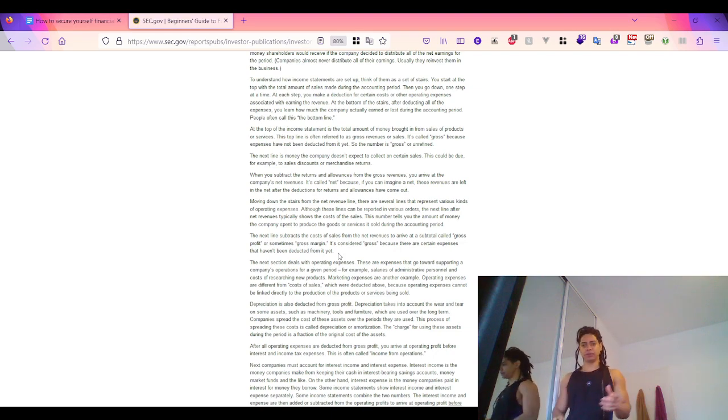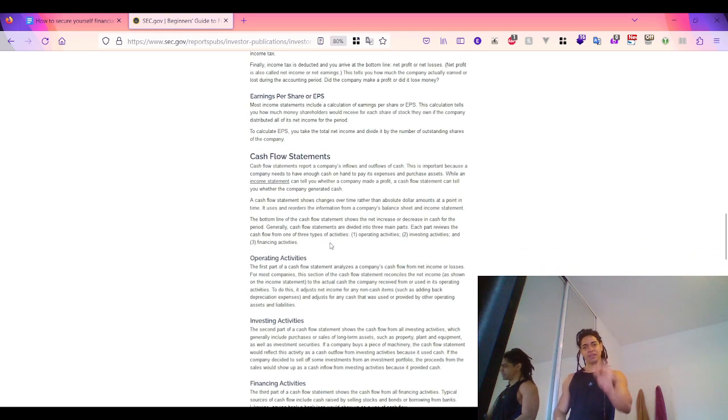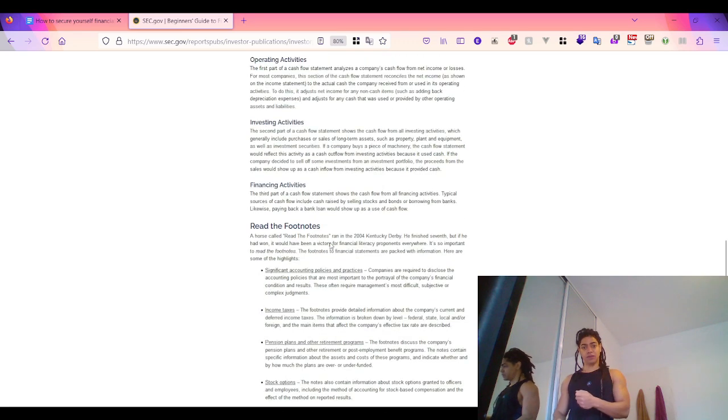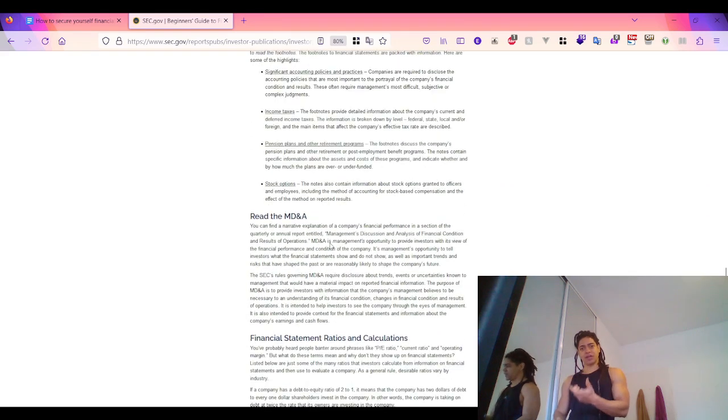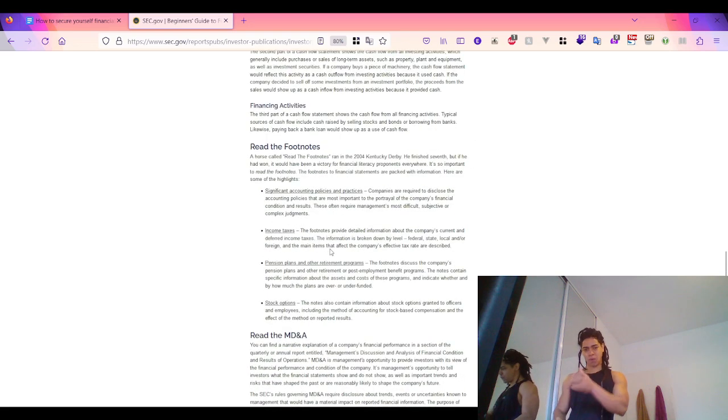So once I look at that, okay, I look at the footnotes, and how important it is to read the footnotes, because they are packed with information like accounting principles and policies that the company must disclose, and how they have been adhered to, for example GAAP, the generally accepted accounting principles, or the International Financial Reporting Standards, which is a set of standards.